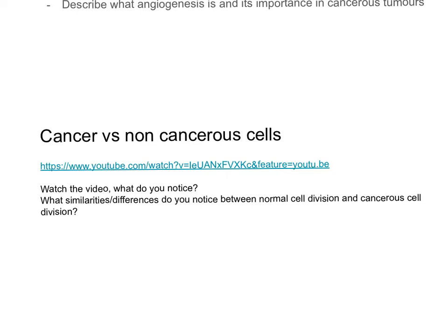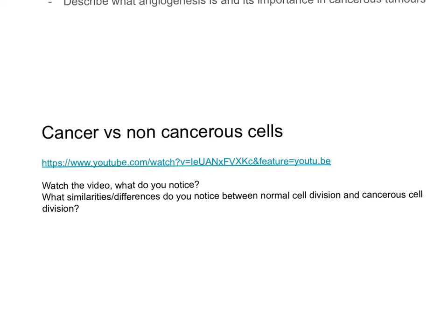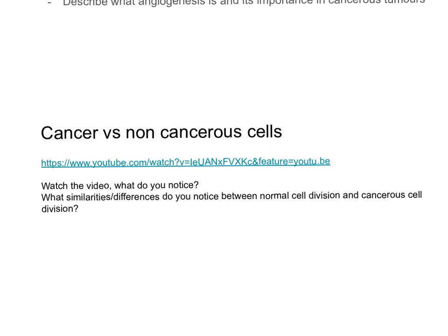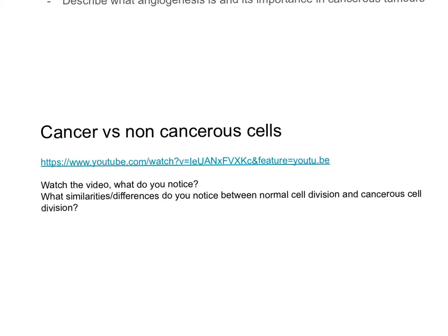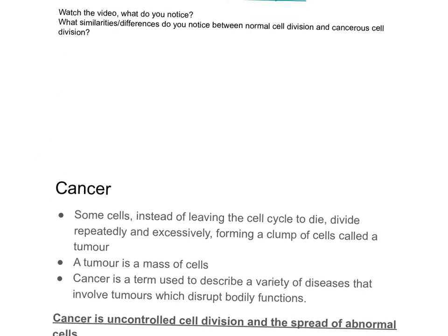Some things you would have noticed we're going to be talking about today. But basically, the cell division happened very rapidly, and it also sort of was uncontrolled. There was cells dividing on top of cells, dividing on top of cells, and it was just very erratic.